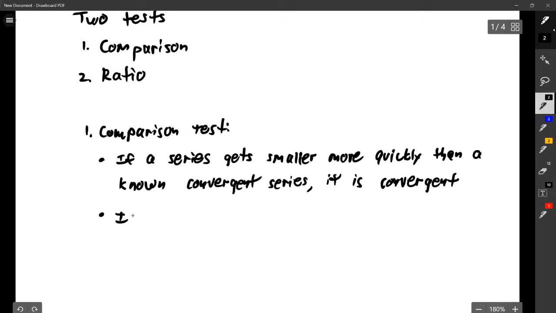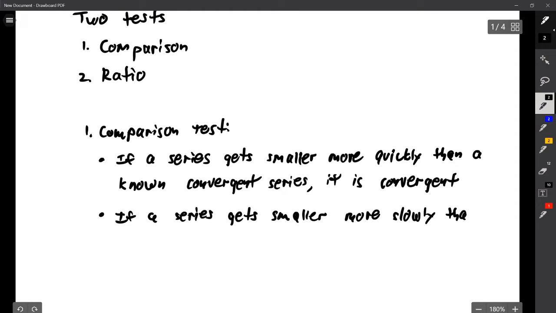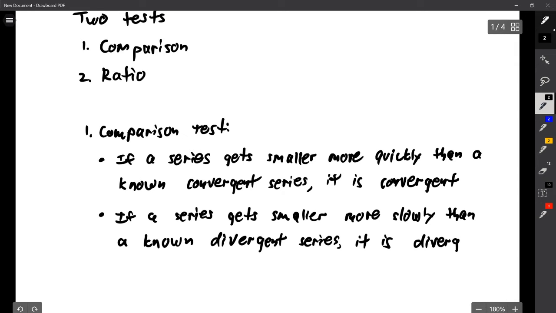Conversely, we could say if a series gets smaller more slowly than a known divergent series, it is divergent.